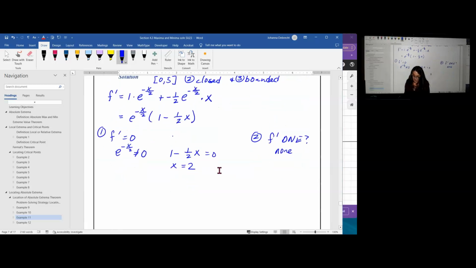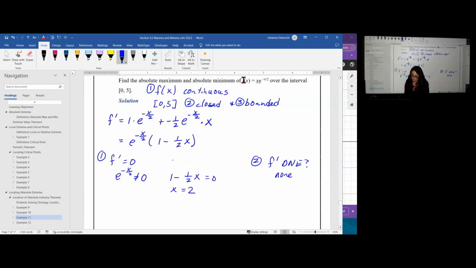We want to evaluate our function over the interval from 0 to 5, looking for the absolute maximum and absolute minimum. We substitute the two endpoint values first.